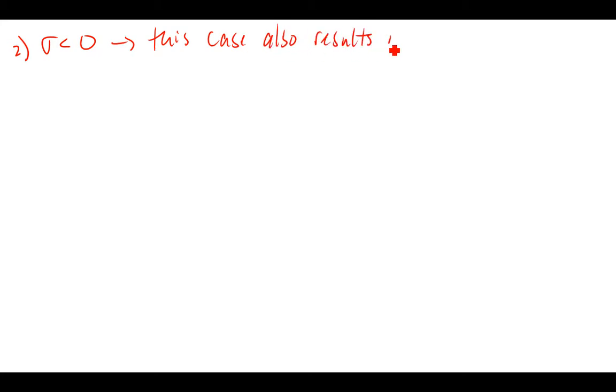Okay, so since that's not an option, let's take the other two cases. So it can't be 0, so I suppose the other two cases might be that it's negative or that it's positive. Now I'm not going to do this case, but I'm going to tell you that this case also results in a silly, or if you don't like my use of the word silly, impossible situation.